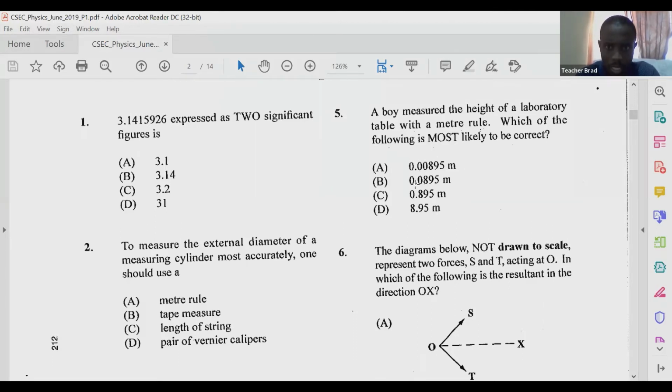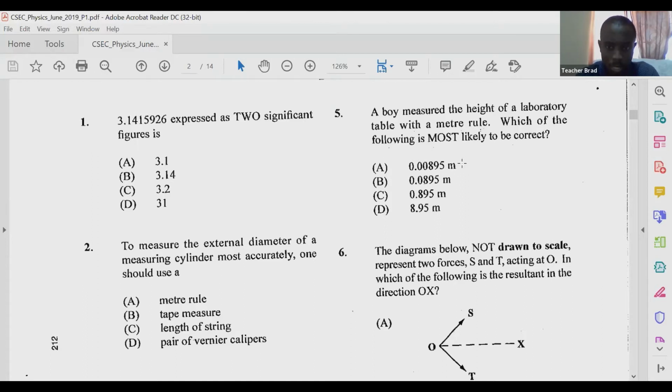And so let's just look at the measurements that we have here. So here we have 0.00895 meters. That's really, really tiny. That's like 0.895 centimeters, basically. So that's really small to use a meter rule to measure.